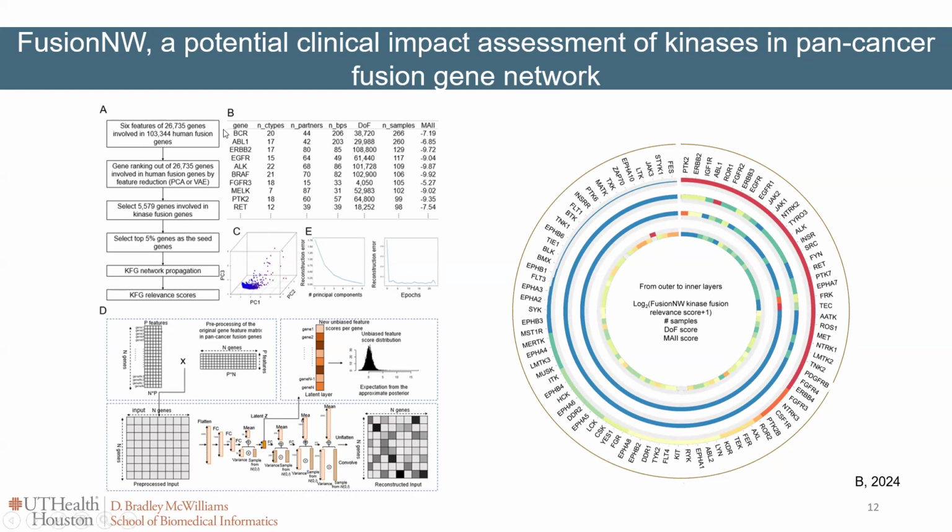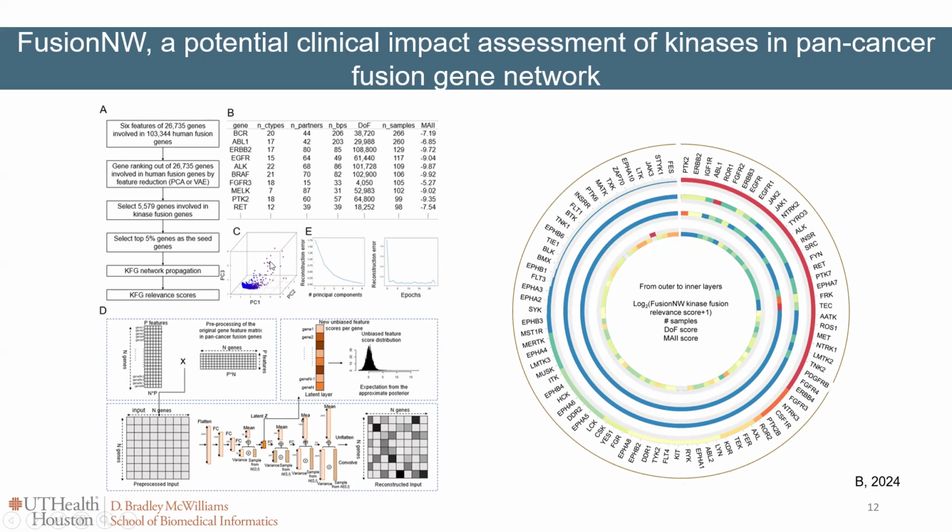First, we made numerical values for each gene involved in 100,000 fusion genes, like number of cancer types, number of partners, number of breakpoints, these kinds of metrics. Then we performed dimension reduction using PCA or variational autoencoder.